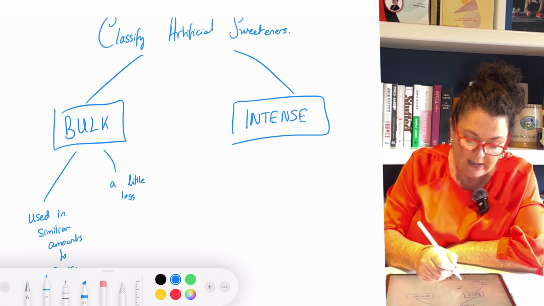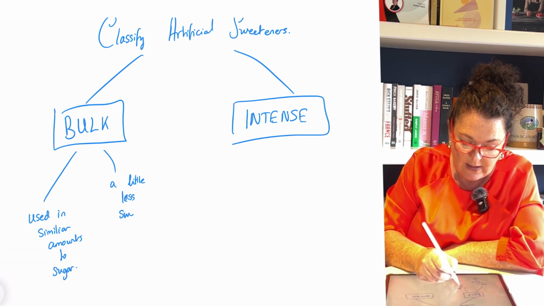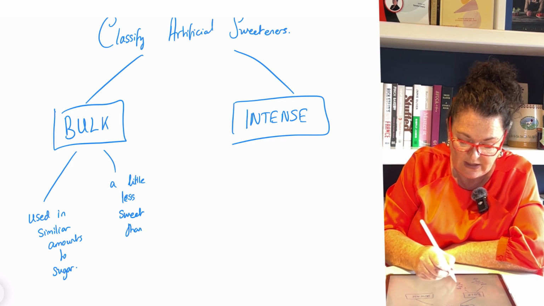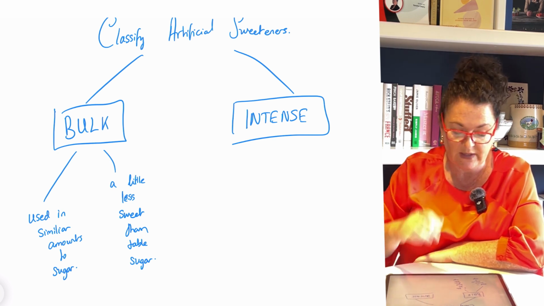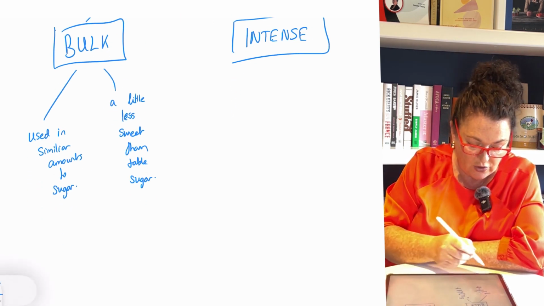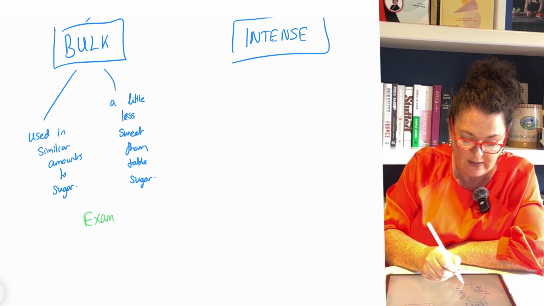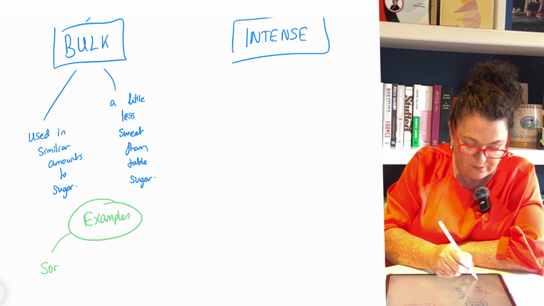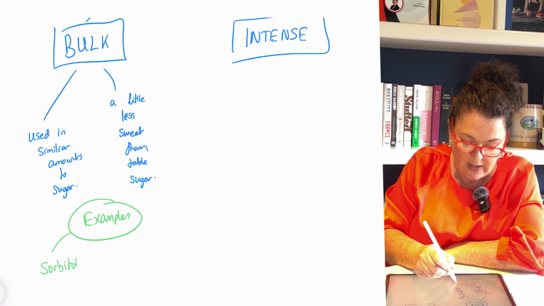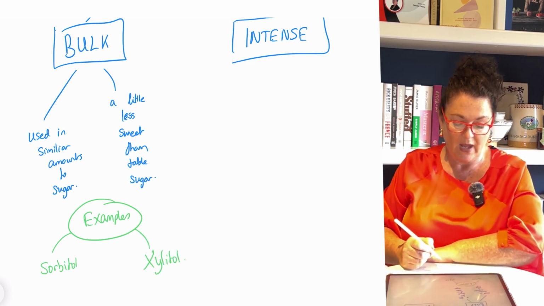So it's nearly like for like. So a little less sweet than table sugar. Table sugar, just another word for the white sugar crystals we see at the table. In terms of examples then, we're going to take two. The first one is called sorbitol, and the second one is called xylitol.